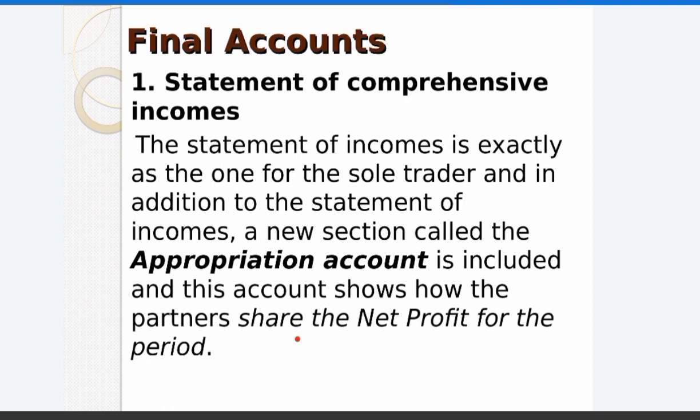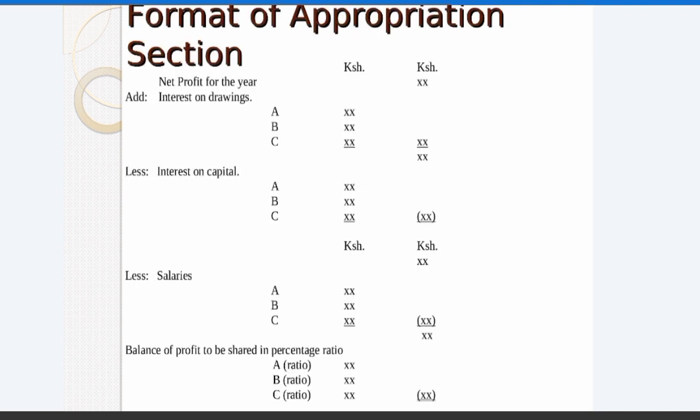So we have an additional segment we call the appropriation segment or the appropriation account, which will essentially show how those profits or loss are distributed. And therefore, this is how the appropriation segment will look like. So this is the format of the appropriation segment.